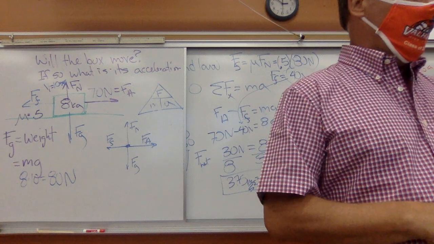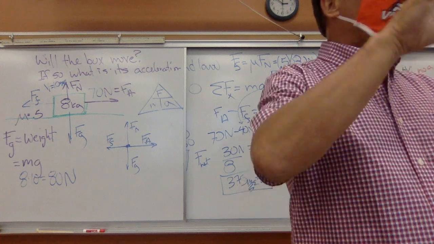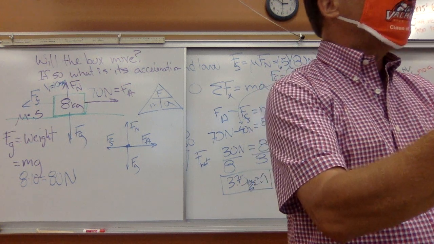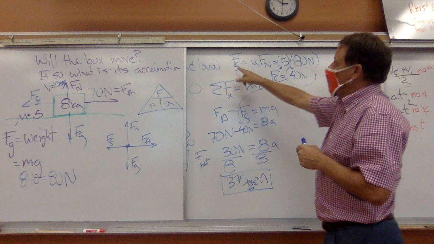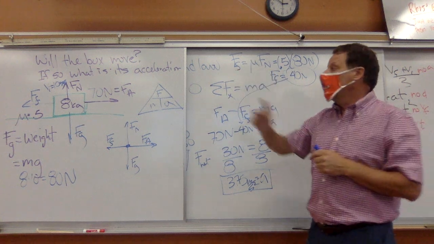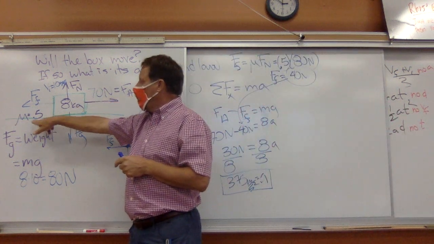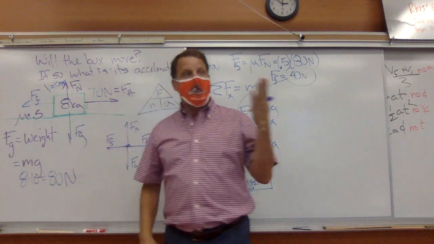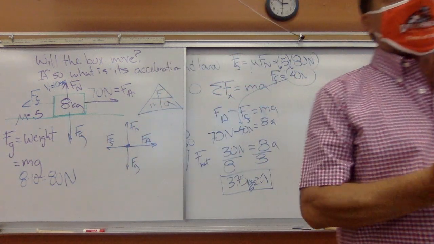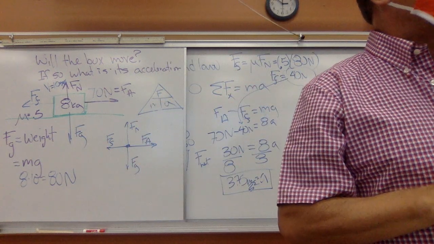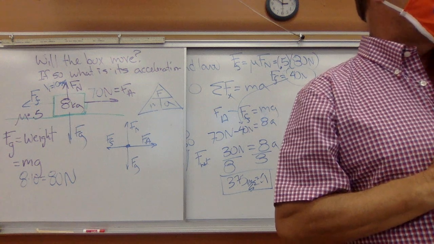What is your force of friction? Well, now you're going to have to do a calculation. Force of friction is mu times force normal. You know that your mu is 0.5, and your normal force is 80, and you multiply them together, and your force of friction is 40 newtons.